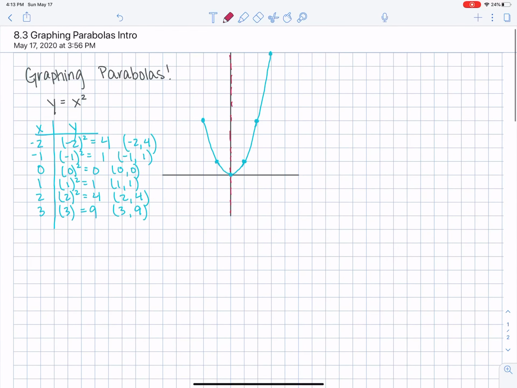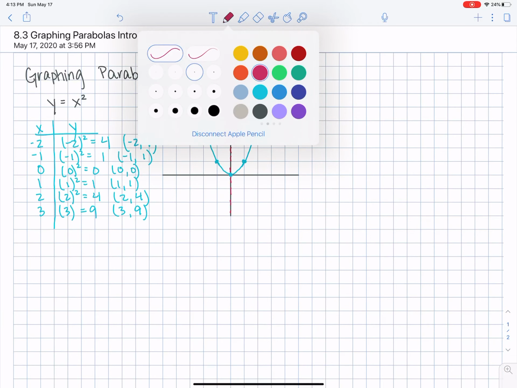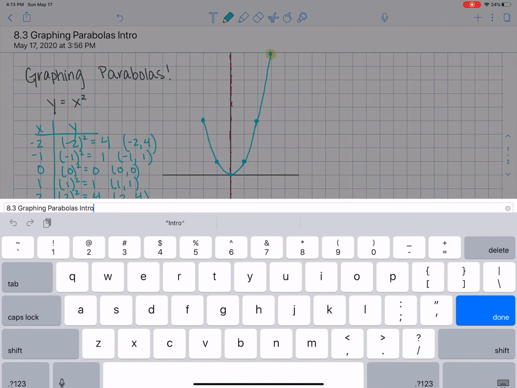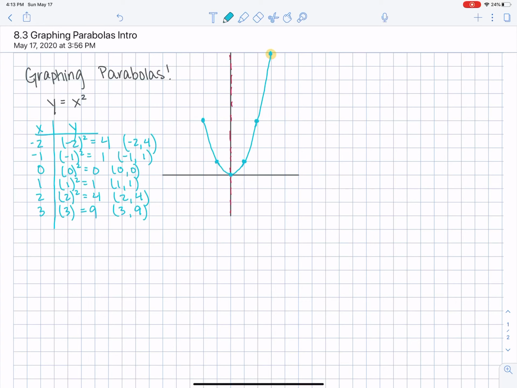So this point over here also can happen on the other side, meaning that this would go through the point negative, I'm getting up at the top of my paper, that's why the headline keeps popping up. So that goes through the point -3, 9, and that's where we create this lovely parabola here.